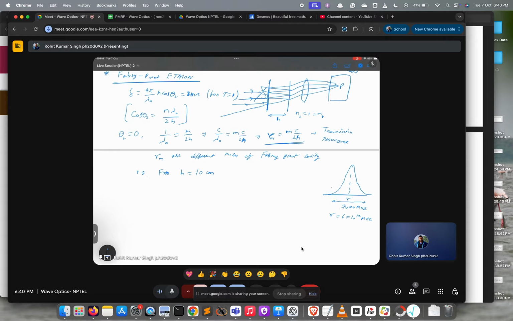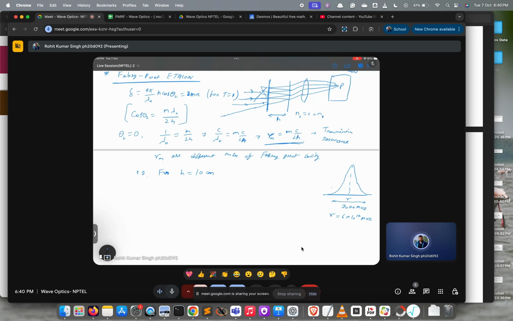You can assume this is like the white light that we have, which has a distribution of frequency. It contains many different frequencies. It is not a monochromatic light, right?